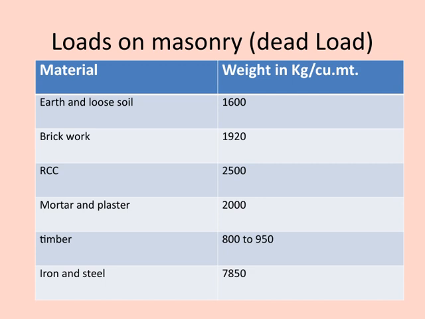Recognizing these differences is essential for accurate structural design and safety, ensuring that the foundation and supporting elements are properly sized to handle these constant loads. So, when designing a building, knowing the weight of each material helps us calculate the total dead load, which is a fundamental step in creating a safe and efficient structure.